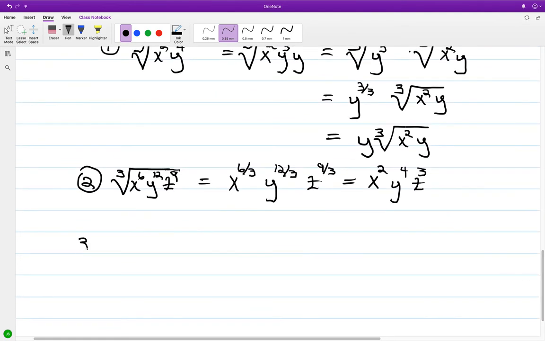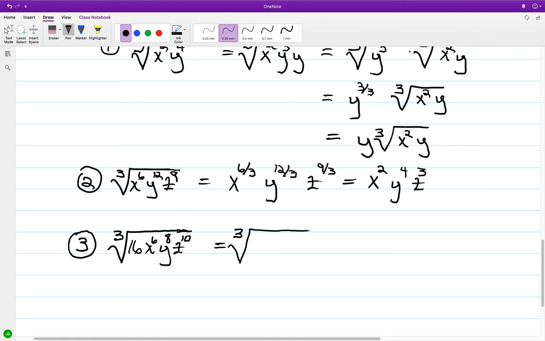And let's say that we're working with not the square root, but the cubic root, of 16 x to the 6th, y to the 8th, times z to the 10th. Now if you notice, 16 is a perfect square number, but it is not a perfect cube. The highest cube that is divisible into 16 is 8.